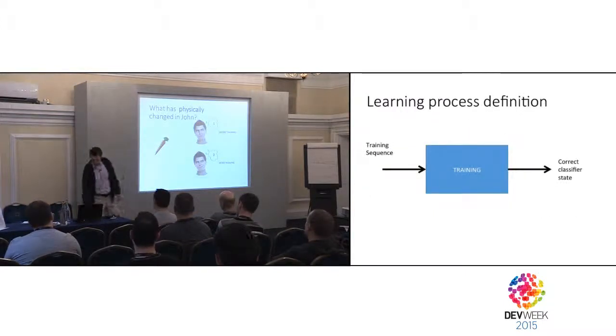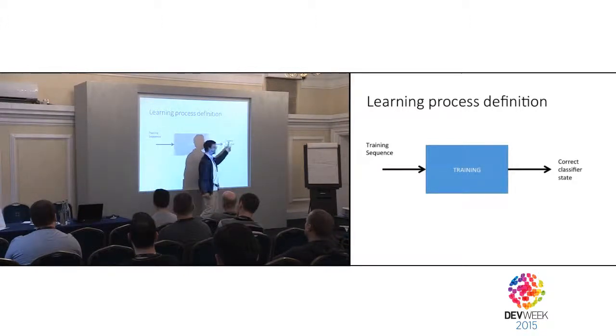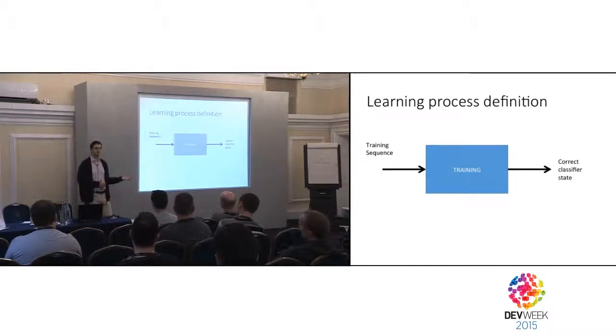Therefore, we can conclude that training outputs the correct classifier state. Note that John, whom we trained, did not change his classification algorithm. No new code was written in John's brain while we trained him.